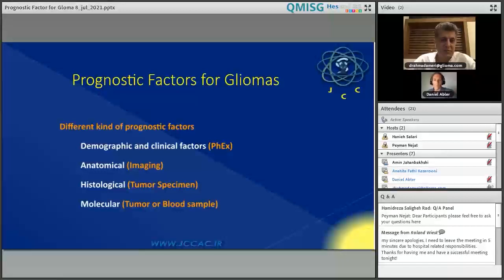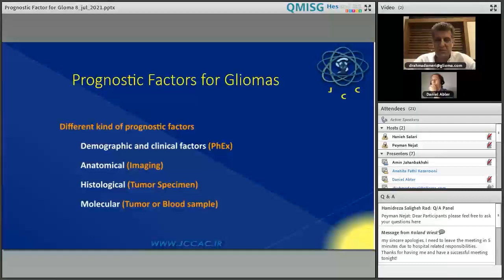I just remind you of the prognostic factors that we usually use clinically in our practice to define patients' prognosis and respond to their questions about it. We can divide the prognostic factors for glioma into 4 categories.